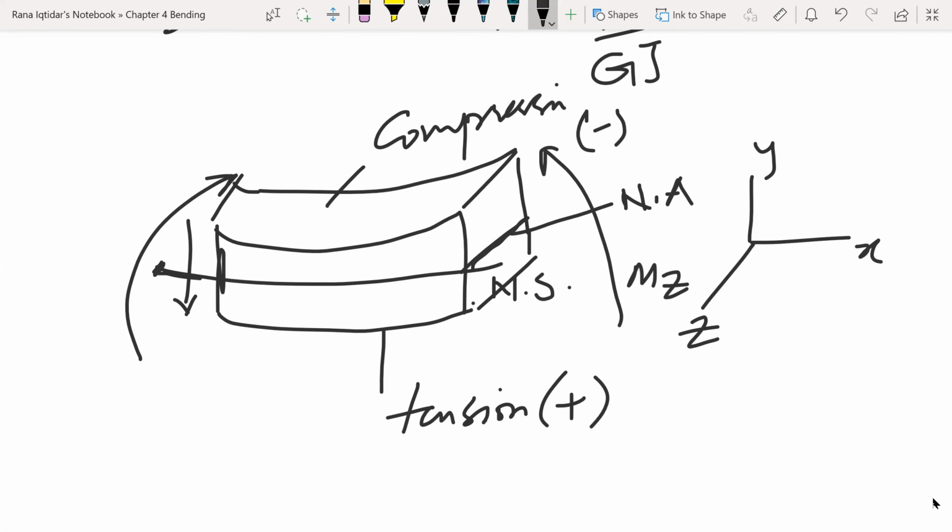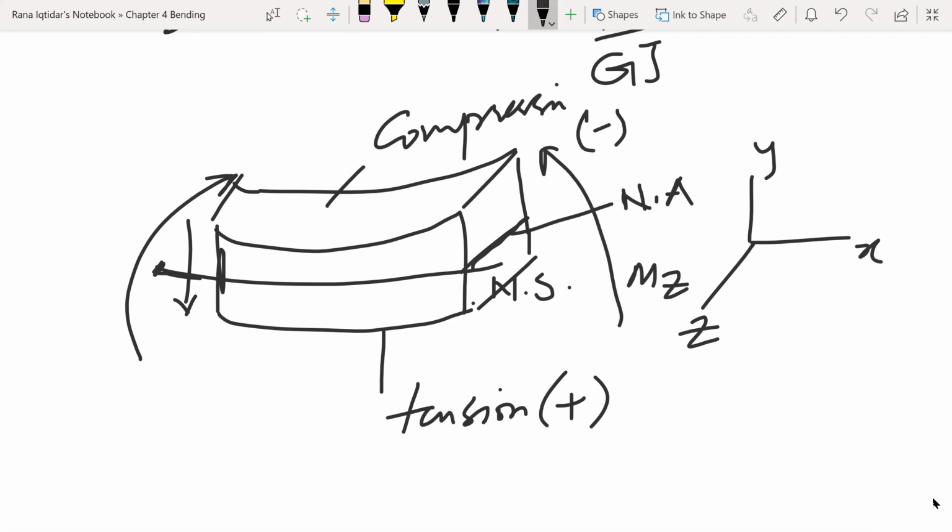So you are applying the moment about the z-axis and that is causing the bending. Since there is no angular deformation, we will not deal with torsion. We will deal with normal stresses, and normal strains will be there, because we are no more dealing with any angular deformation.